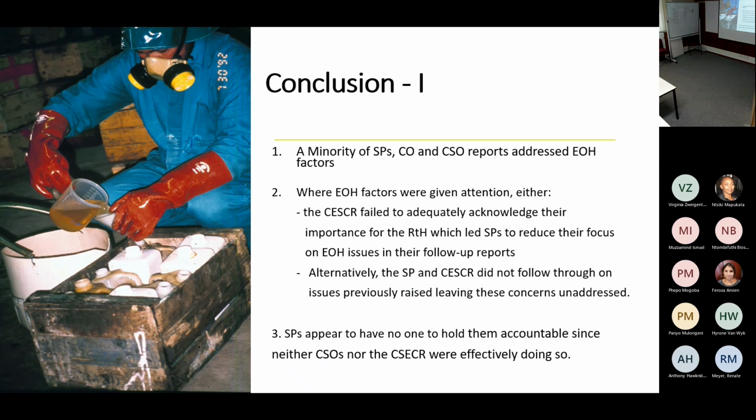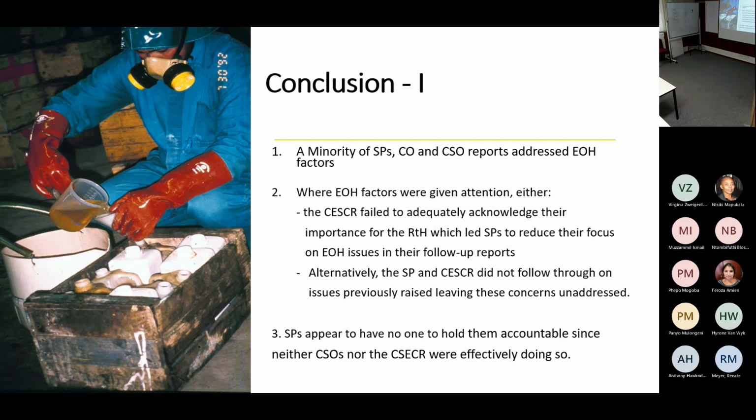So regardless of us having to investigate the civil society organization reports, the civil society organizations seem to also go the same route, unless it was a civil society organization specifically for environmental and occupational health. Other civil society organizations were just also going the route the state parties were going, seeing health as healthcare.